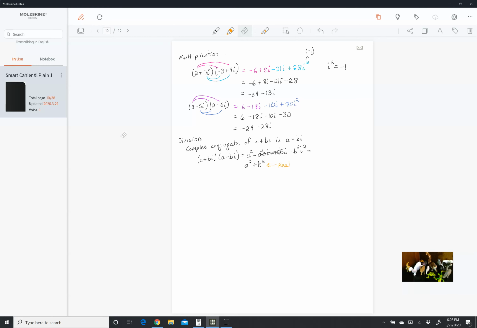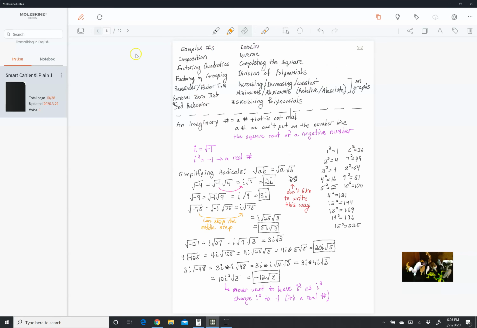Now here's why this is important. When we do division of complex numbers, so let's take 3 minus 4i over 5 plus 6i. So when we were talking before about square roots, we said we hate square roots, right? We hate them. Well, the same thing is true about division.